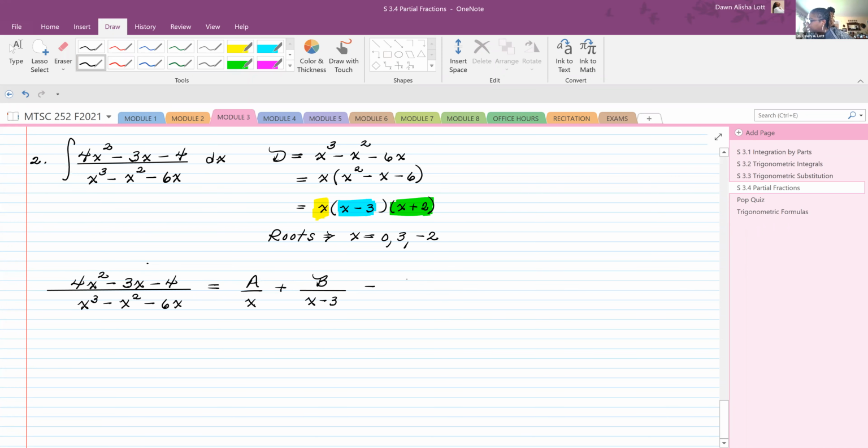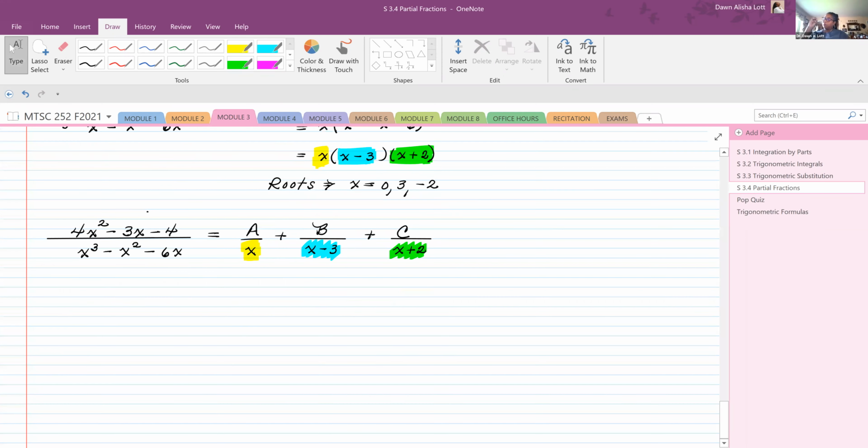Plus C, now I have 3 of them, over x plus 2. First linear factor, second linear factor, third linear factor. So we split the denominator into its linear factors, and then we separate the expression as A over x plus B over x minus 3 plus C over x plus 2.